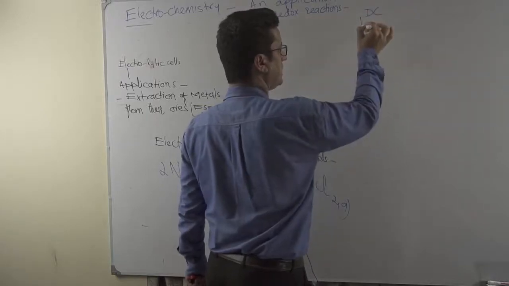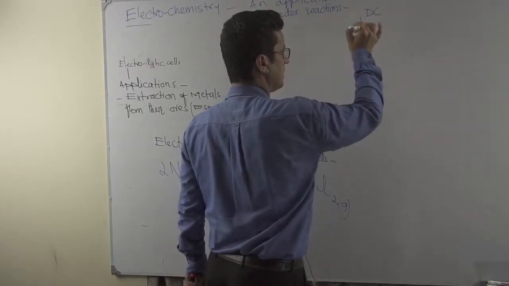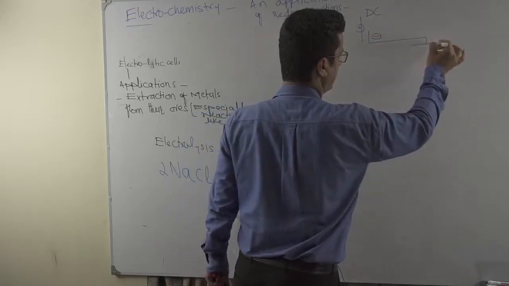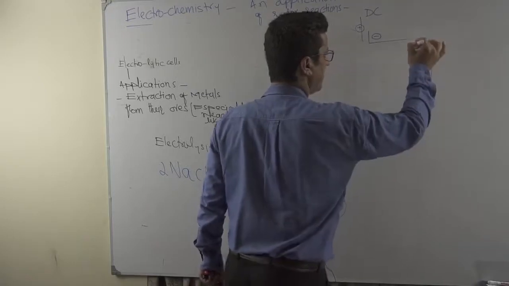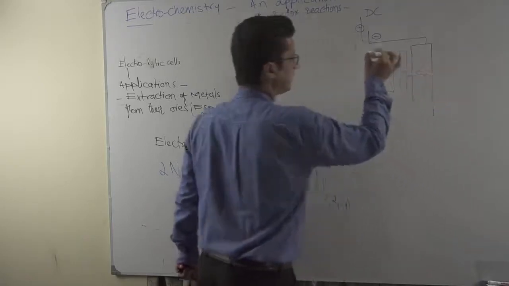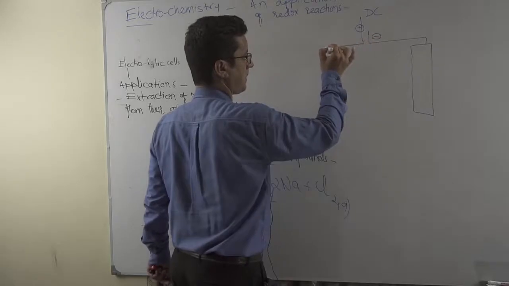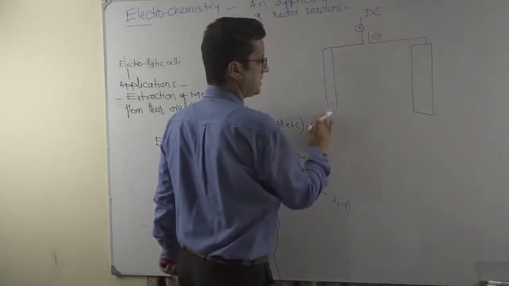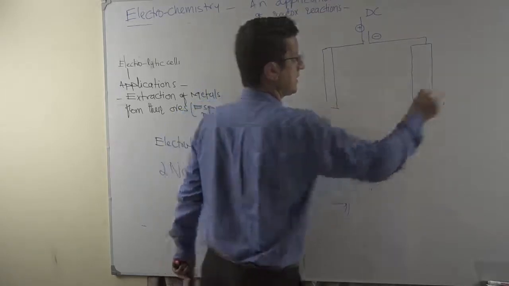Look at this big terminal, big size, positive, and small size, as in physics, negative. These two wires are connected with the electrodes, maybe of the same size, just these two electrodes.